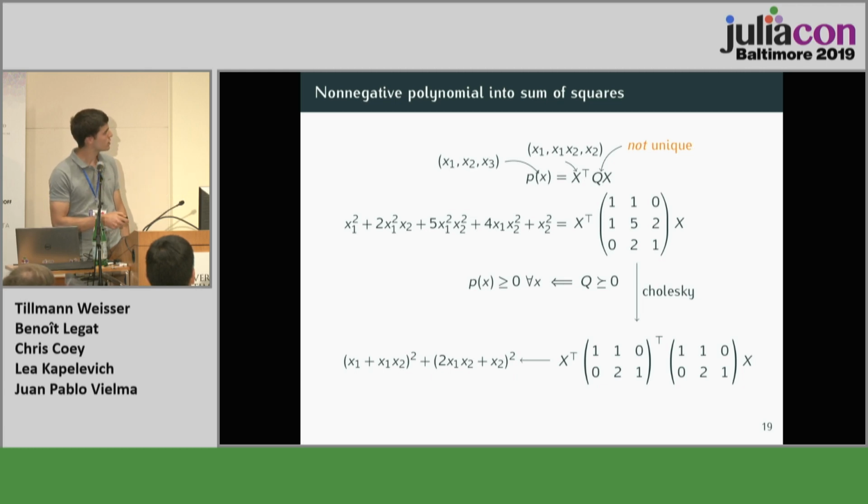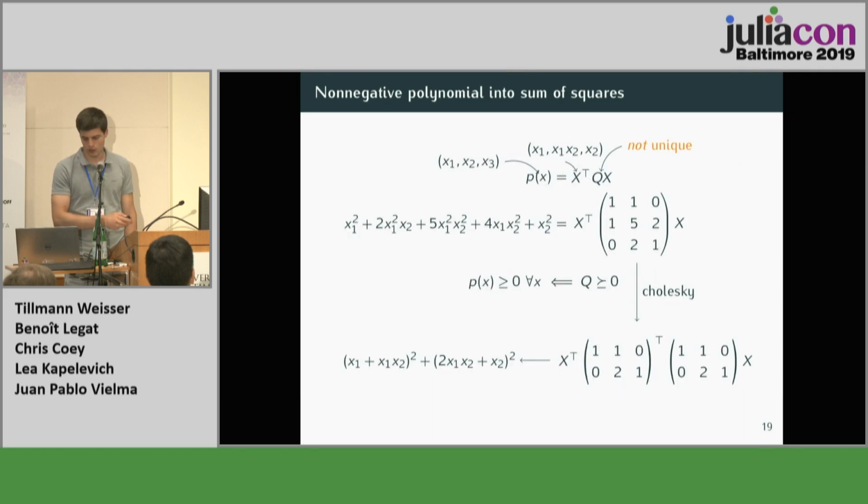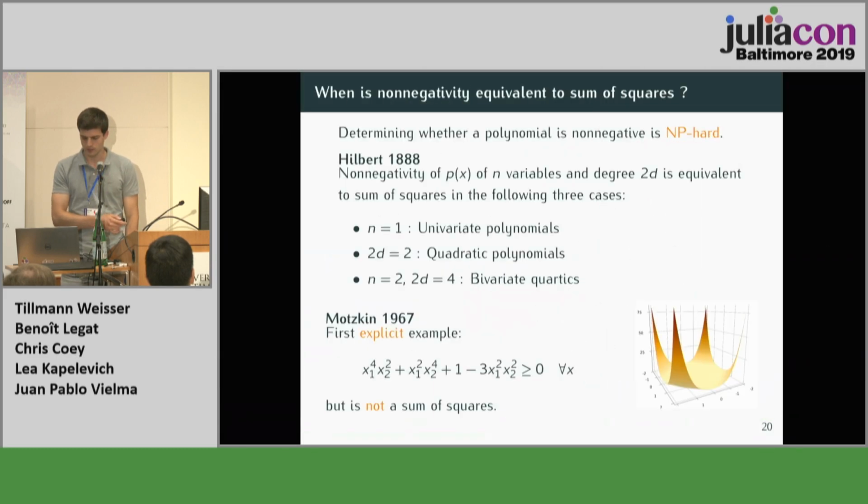So you just tell the PSD solver: look for some PSD matrix Q such that X transpose QX is equal to P. You create a PSD matrix, you create a linear equation in your variables, and if the solver finds this Q, then it means it's a sum of squares. If it doesn't find this Q, it's not a sum of squares. And then if you use Hypatia, you just give these polynomials and it will solve it differently. Chris will explain.